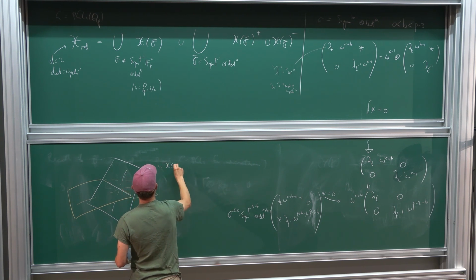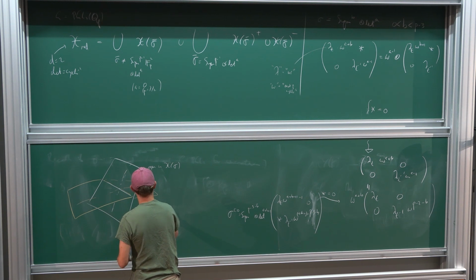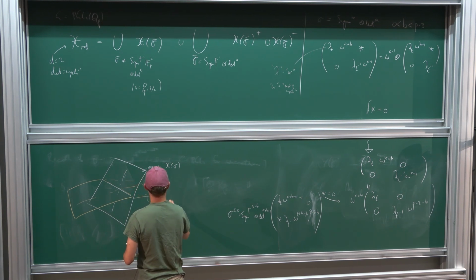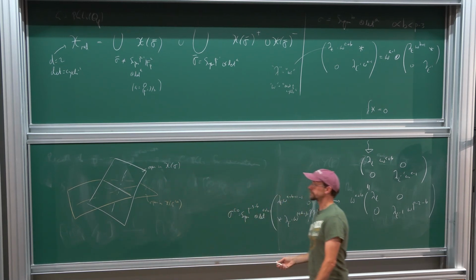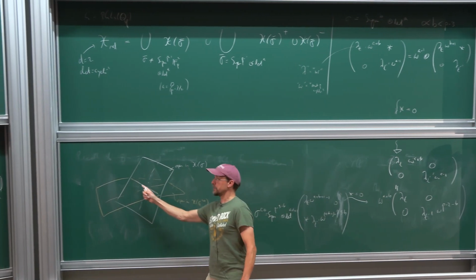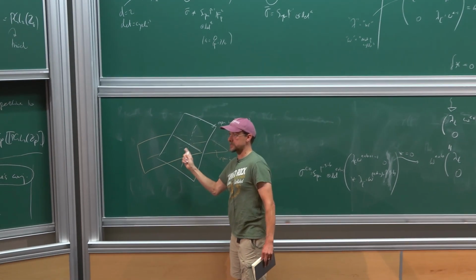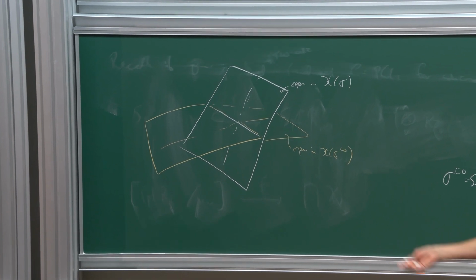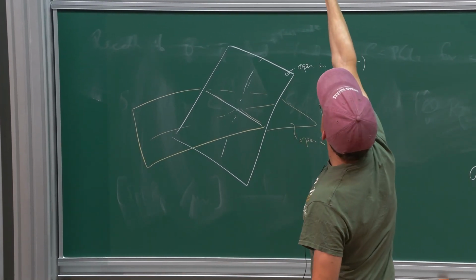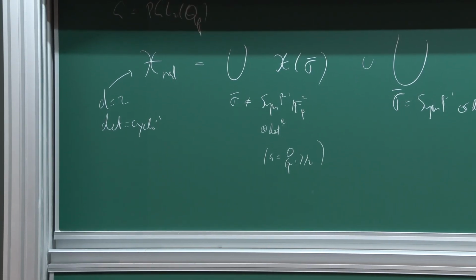This is open in X sigma, and this is open in X sigma companion. They're meeting along this G_m, which is when you have a t variable, but the star variable has been set equal to 0. That's a typical picture of how these components meet.